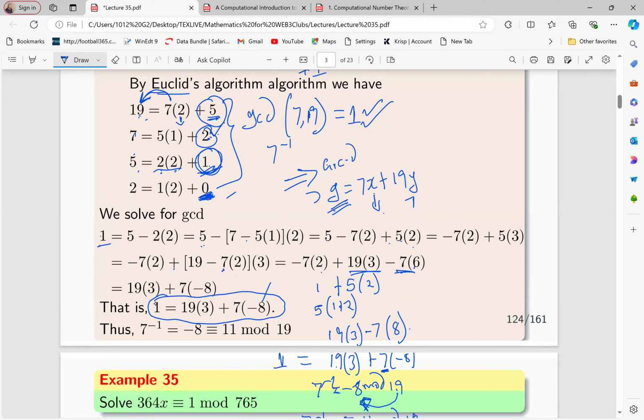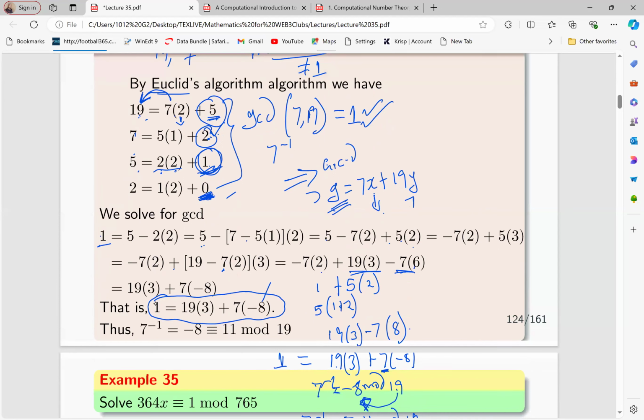And then the mod inverse function picks from here. The mod inverse function comes and reads the GCD. After reading the GCD, it converts this the way we did to give us 11.